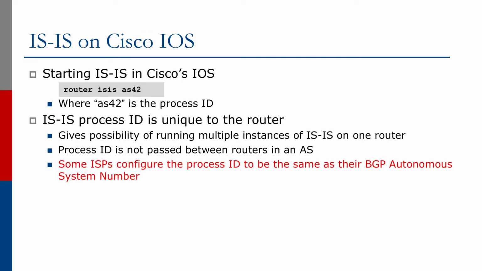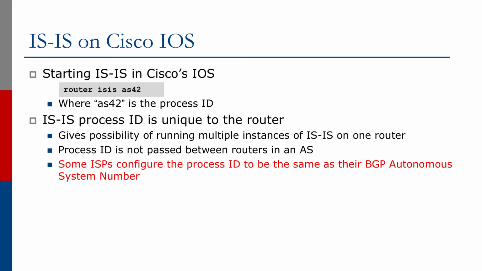Starting ISIS on Cisco routers is very simply a case of doing router ISIS and then specifying an identifier. The identifier could be the operator's AS number or some other word to indicate the process ID. Most operators prefer to insert a process ID.